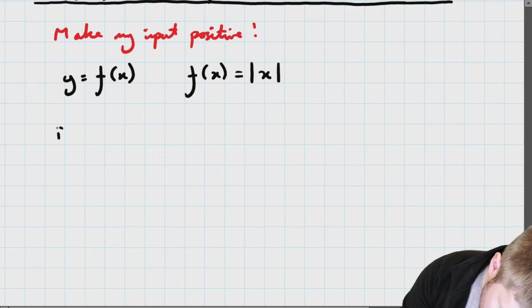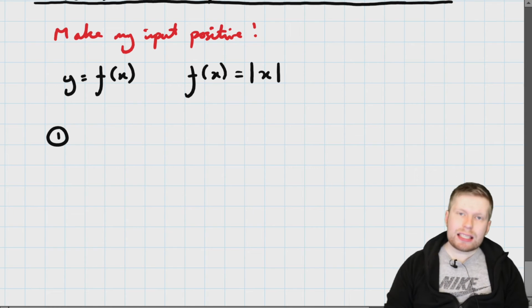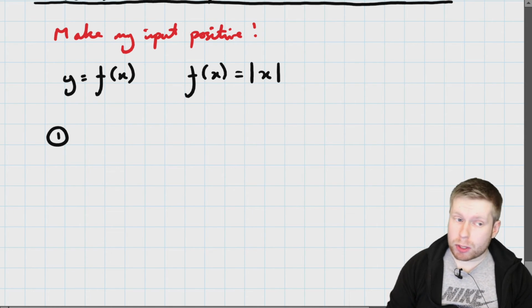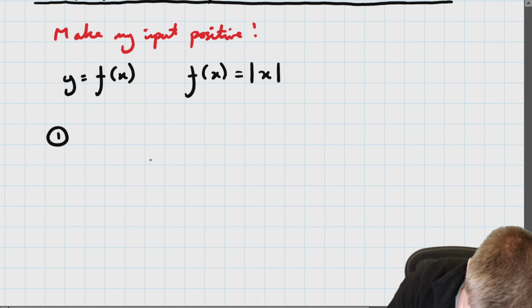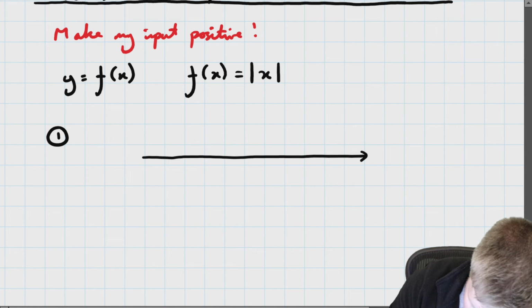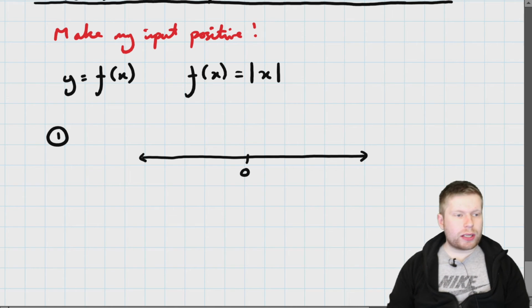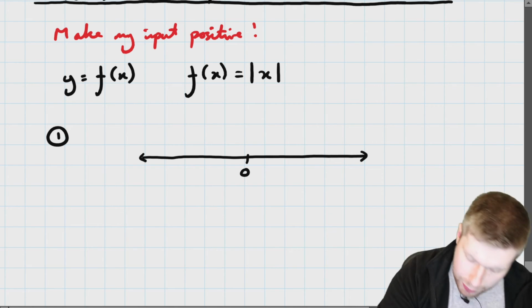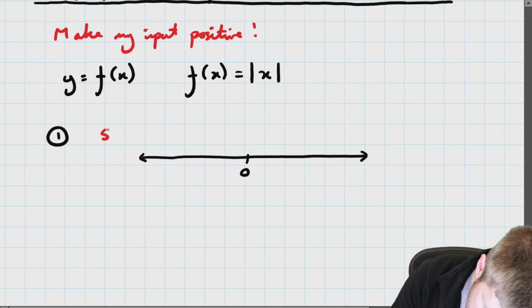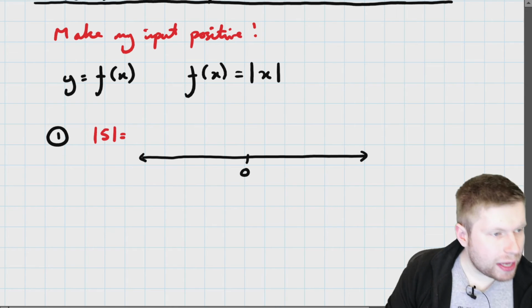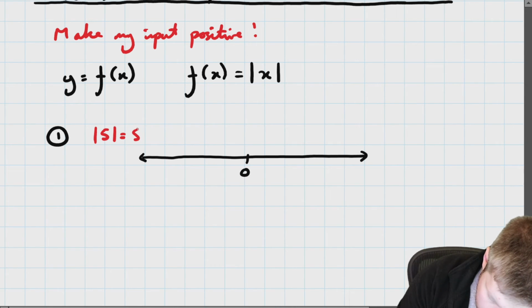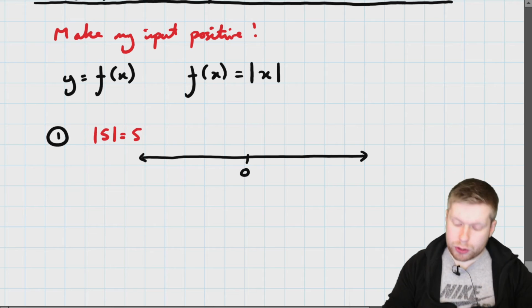Way 1 that you can think about it is the distance from the origin. If I draw my number line, here's 0 in the middle, and if I give you, for example, 5, the absolute value of 5, if I just make it positive, then 5 is already positive, so the value is 5.